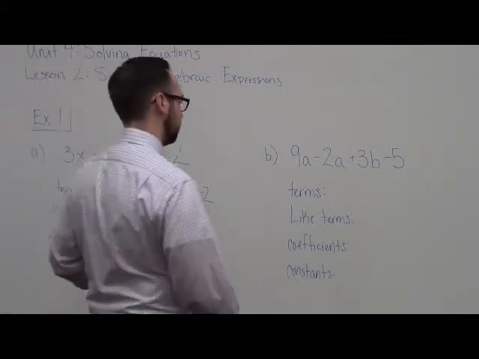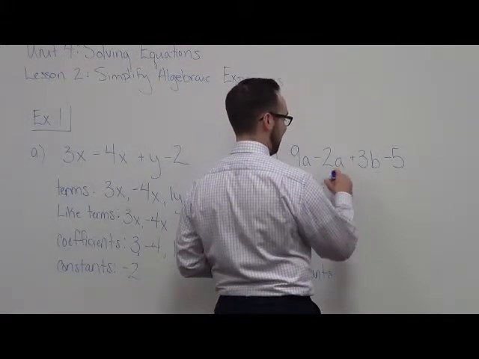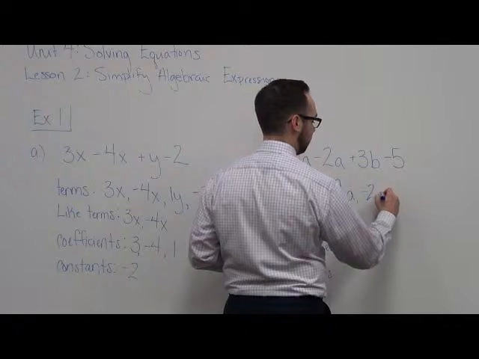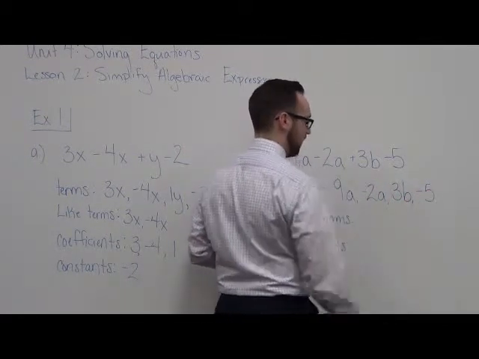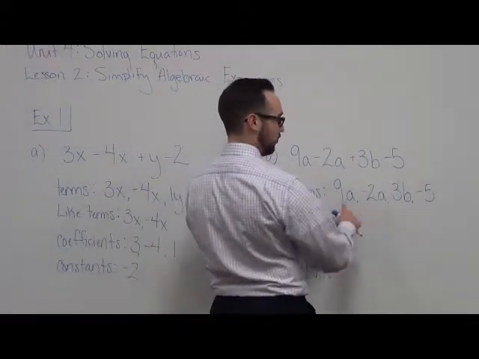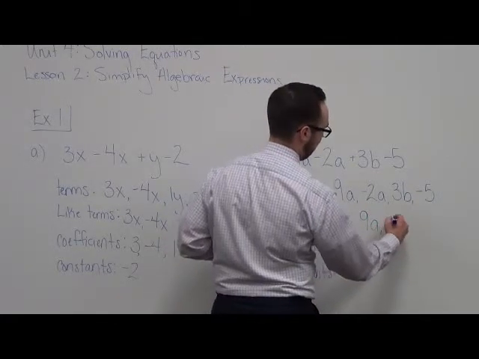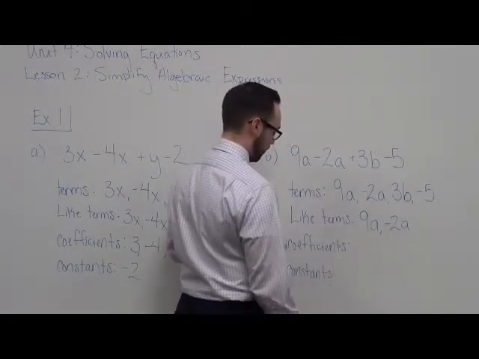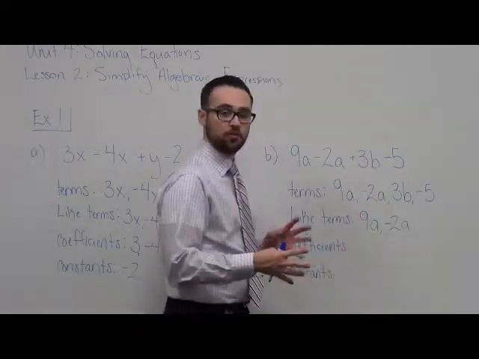So terms, we have 4 of them. We have 9a, negative 2a, 3b, and negative 5. Like terms, so of these 4, which ones have something in common? It would be 9a and negative 2a. Coefficients, anywhere you see a variable, there should be a coefficient with it.